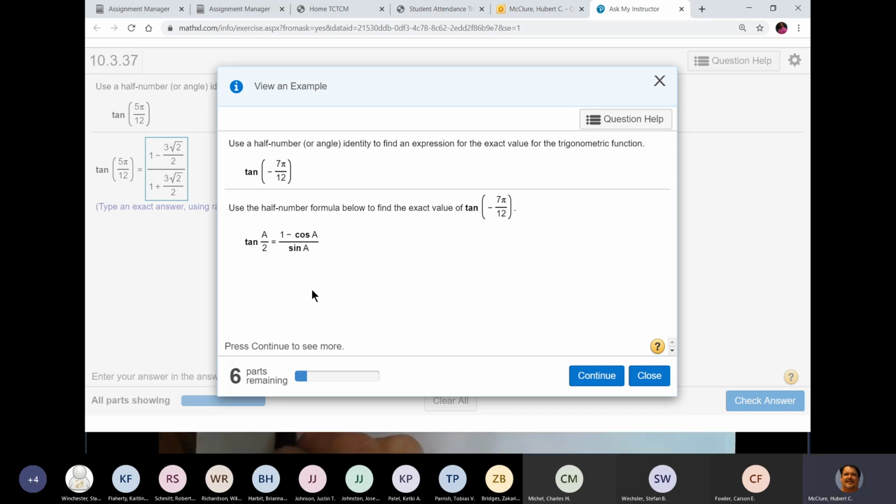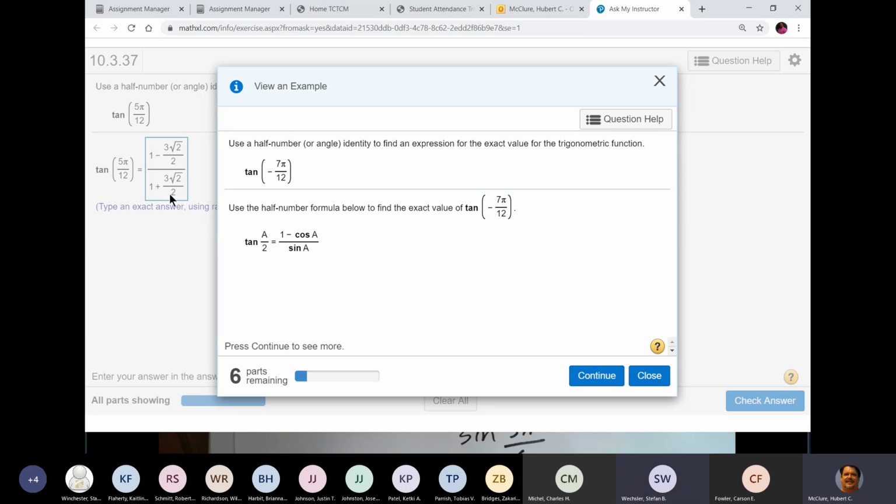So tangent of a over 2 is equal to 1 minus cosine of 5 pi over 6, over sine of 5 pi over 6. I think that's what you had on your. Yeah. Okay, let's see what you had. 1 minus and 1 plus.